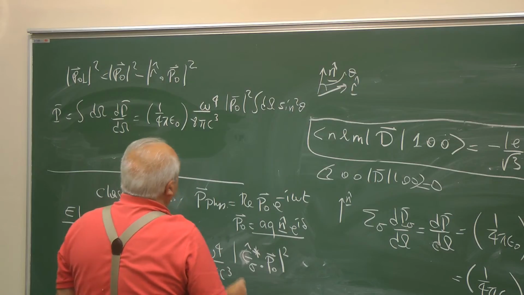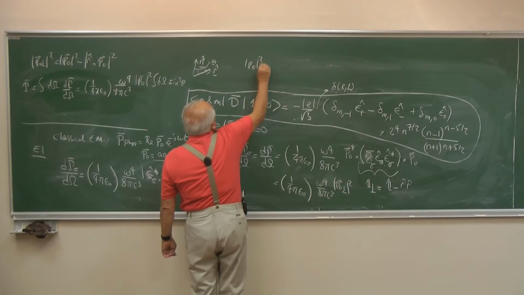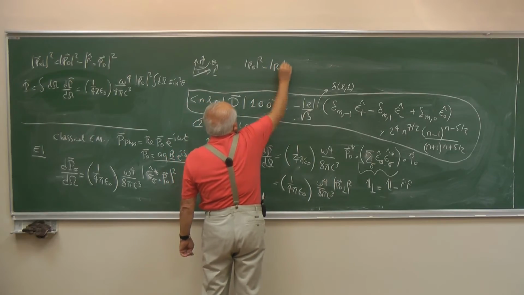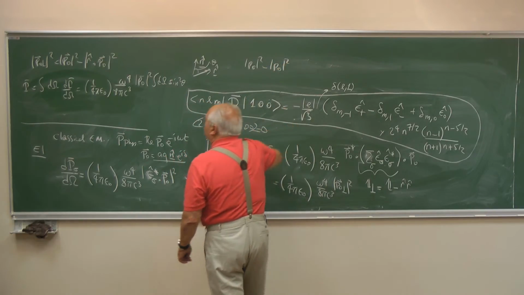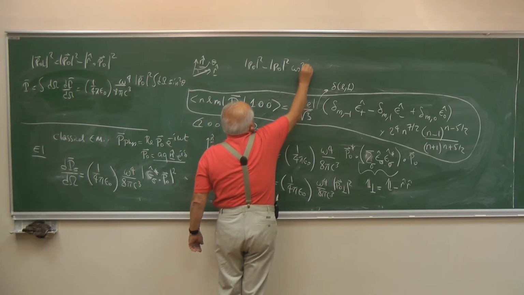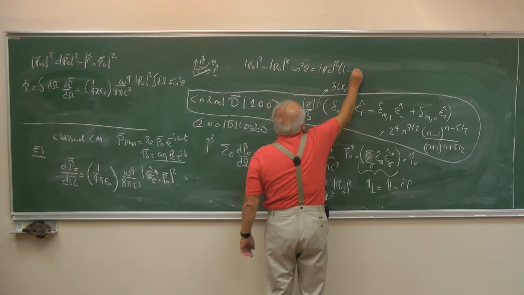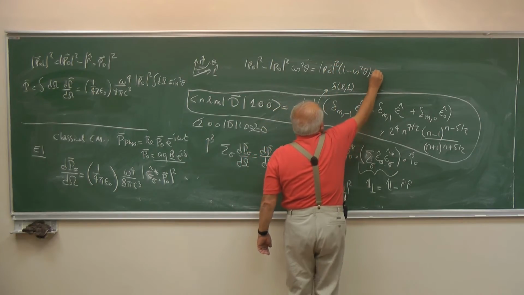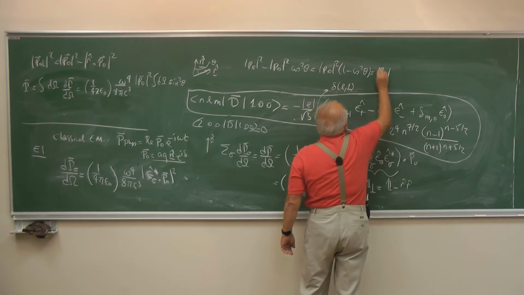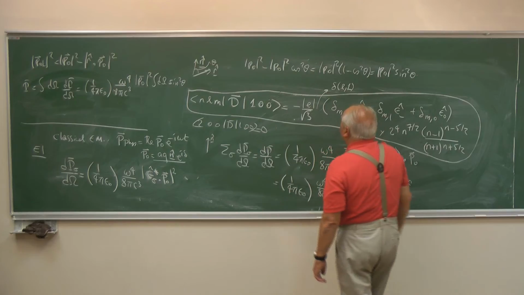This is sine squared theta because it is P0 square minus P0 square times R dot P0, which is cosine squared theta. So it is P0 square times 1 minus cosine squared theta. That's equal to P0 square sine squared theta.